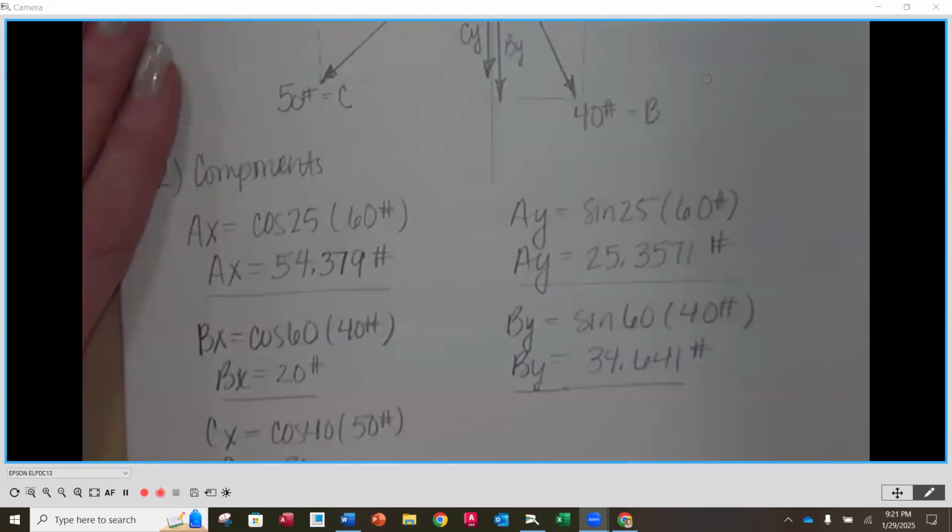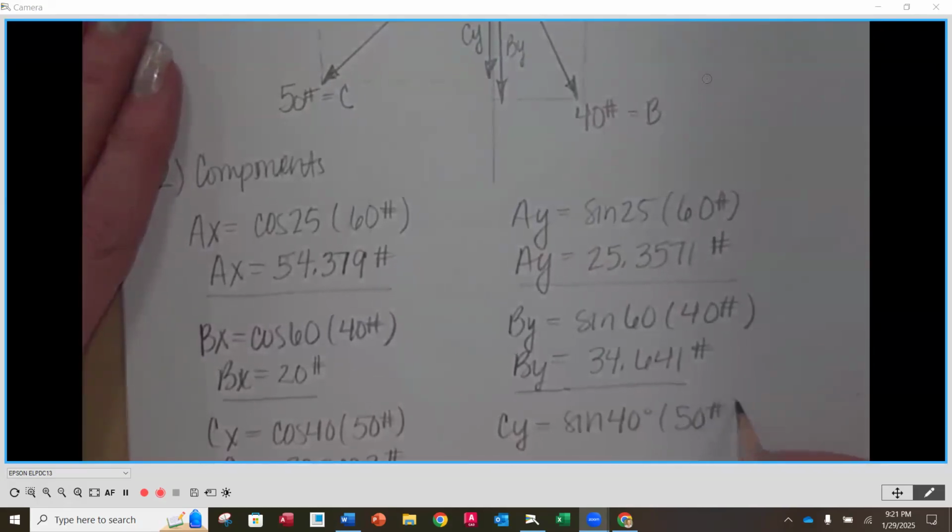So I'm going to say cosine of 40 degrees times 50 pounds for my CX. So that'll be 38.3022 pounds. I'm holding the decimal places. And then my CY is going to be sine of 40 degrees times 50 pounds.